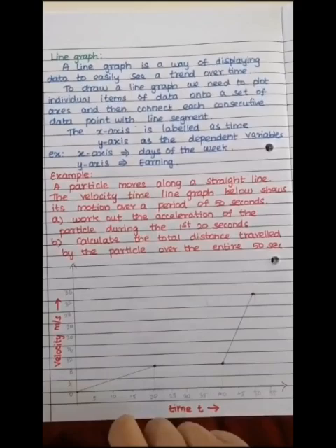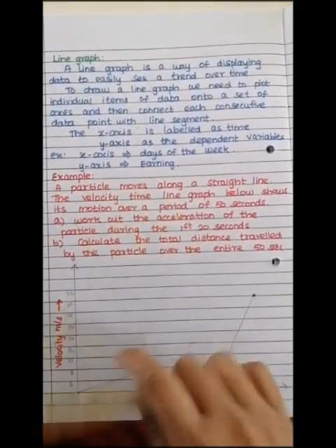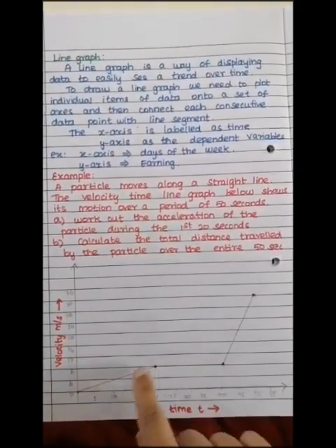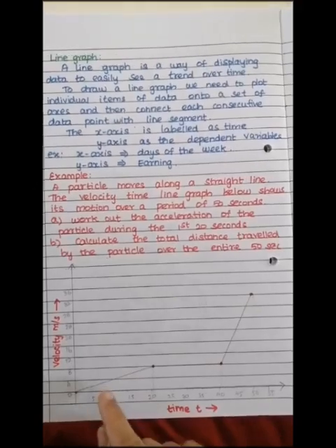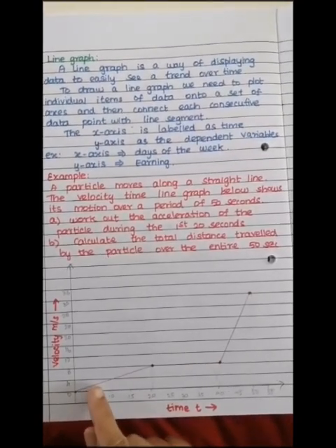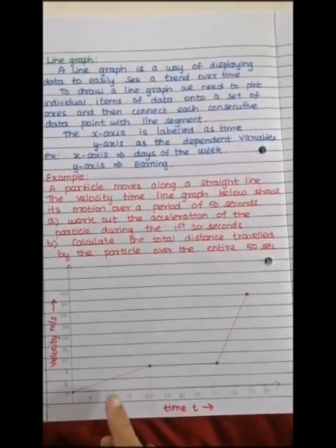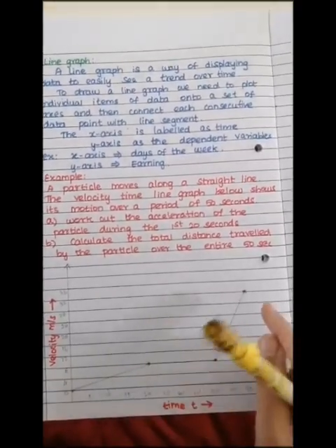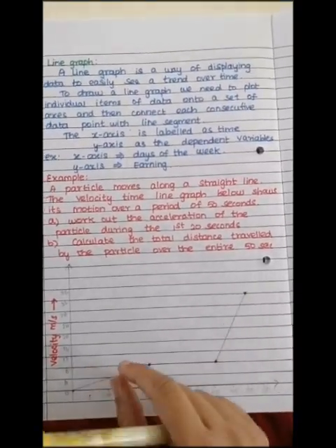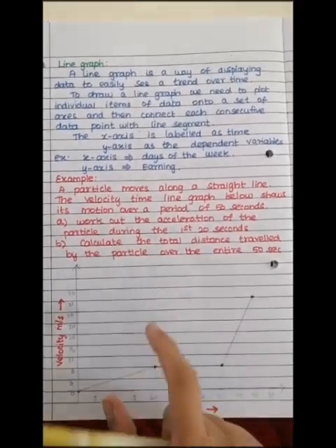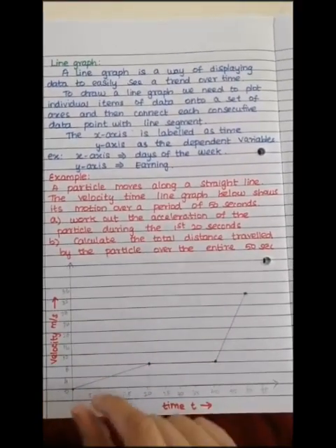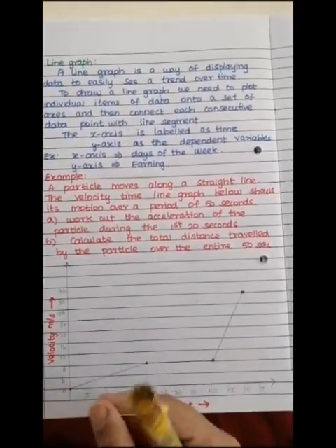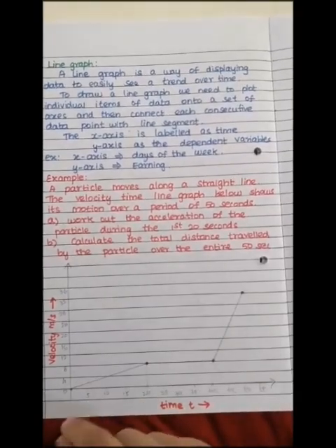In the previous video, a line graph is a way of displaying the small changes of a particle moving from 1 second to 50 seconds. These changes can be seen clearly by plotting them and joining the line.